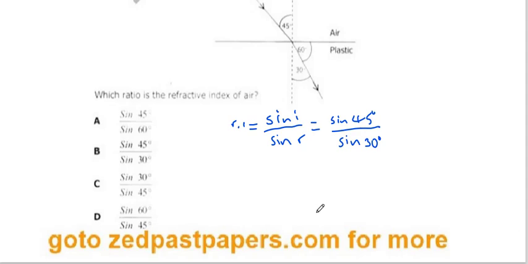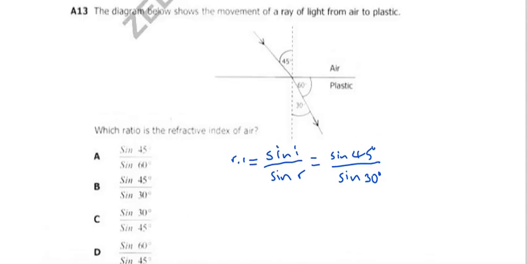All we have to do is look for that. I don't know how I wasn't able to see option B. B is exactly the same as what we have found.